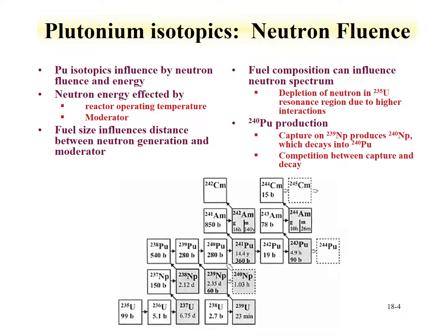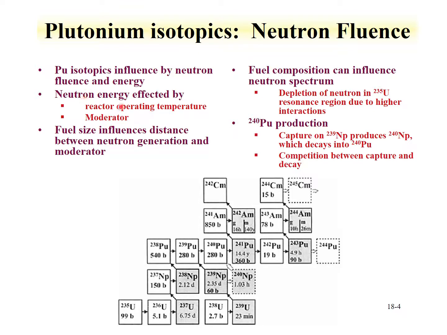The isotopic distribution of plutonium is also influenced by neutron energy and its fluence. The energy of neutrons in a reactor can be influenced by the reactor operating temperature and the moderator.